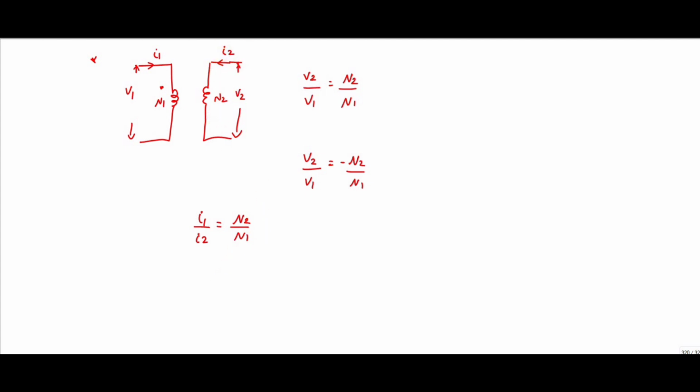The next case is if both currents are entering, then I can write I1 by I2 is equal to minus N2 by N1. So these are the four cases.